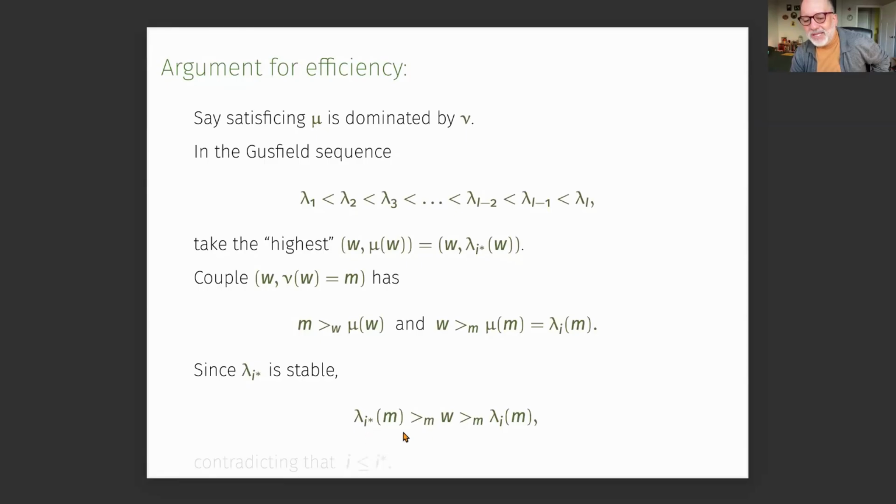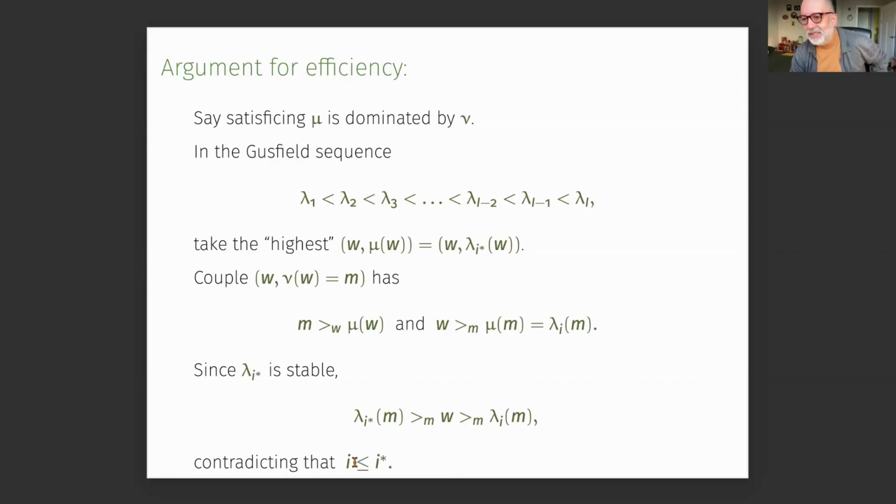So if Cleopatra is Martin's match under I star, and he likes Cleopatra more than he likes Jane, it must be that I star is larger than I. Because I is a very bad matching, so it must be close to the bottom. But that's a contradiction because we took I star to be the largest I in the matching.